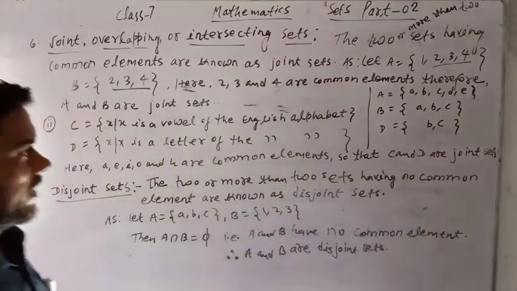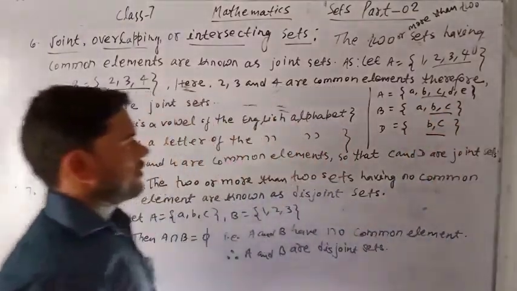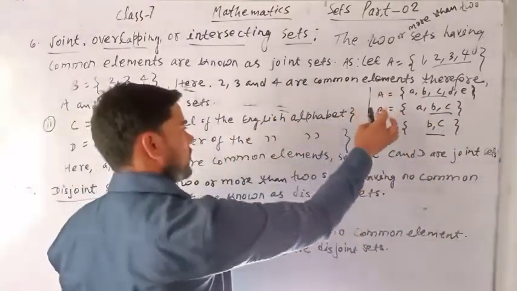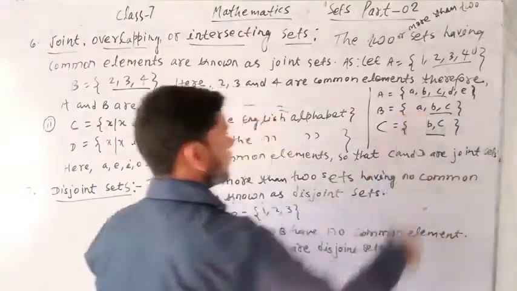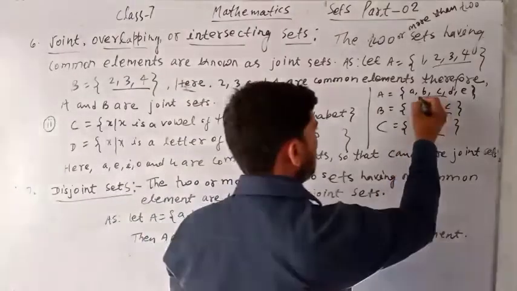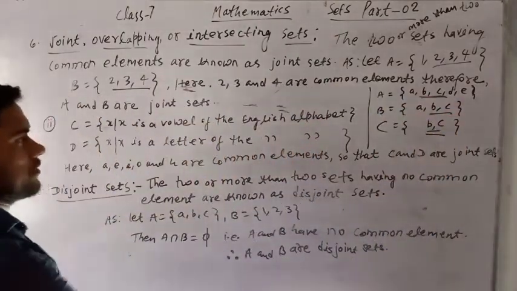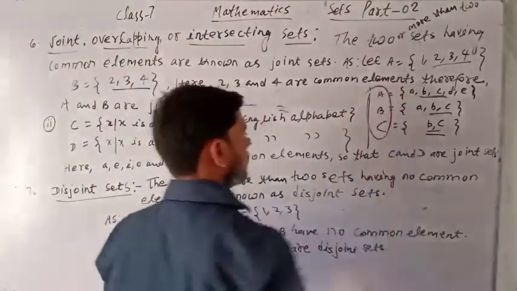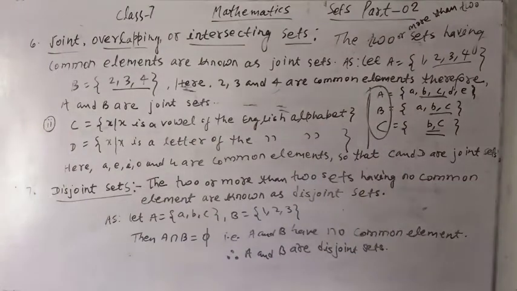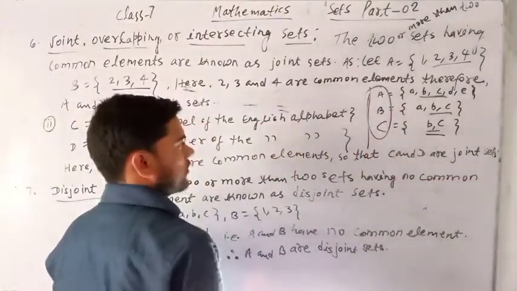See, the elements B and C are common in the sets A, B and D. Let it be C. The elements B and C are common in the sets A, B and C. So these three sets are known as joint sets.